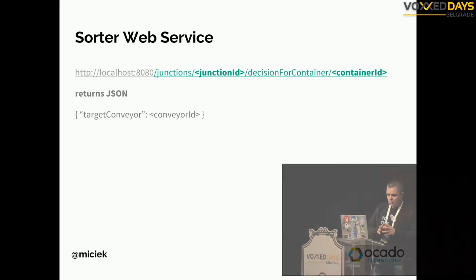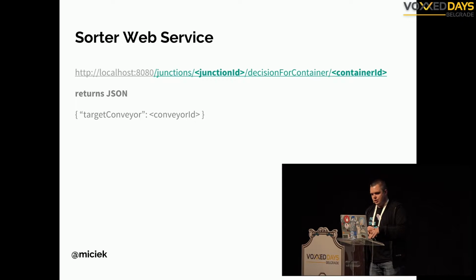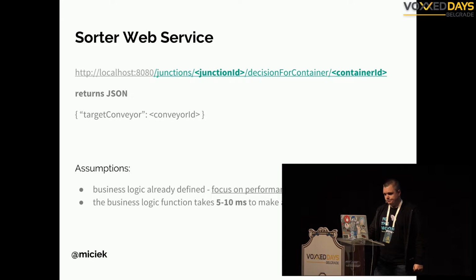Technically speaking, what it looks like. Just a standard web server, junctions is a path, then we get junction ID and decision for the container and the container ID. So just 2 parameters in this nice web service, and it returns a JSON with the target conveyor. This is the decision that our service made.